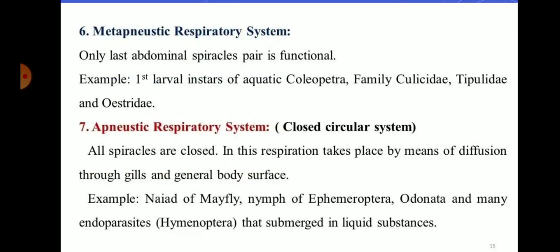as seen in larvae of Culicidae, Tipulidae, Hypoderma, and the first larval instar of Cyclorrhapha and aquatic coleopteran larvae. Then the pronucleated tracheal system. It is recognized only when a single pair of spiracles, the first pair on the mesothorax, is open.